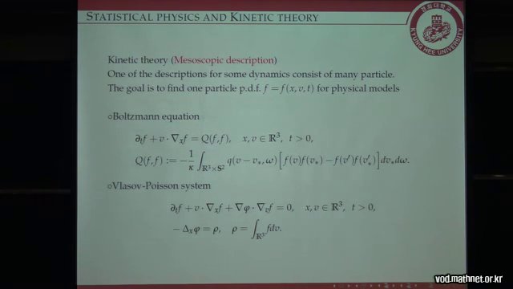So the Boltzmann equation represents collisional dynamics. The collision operator looks so complicated, right? Actually, it has a simple form. We need this formula for v star, v prime, v prime star, and this is the scattering kernel.